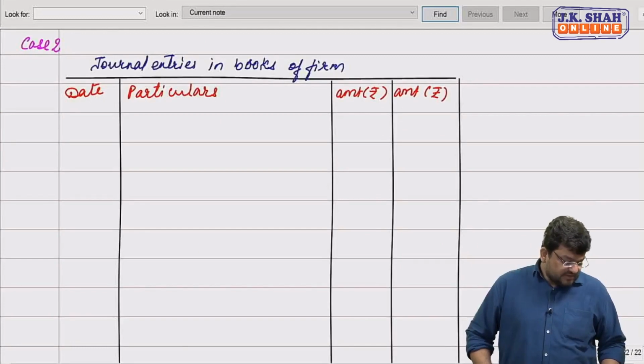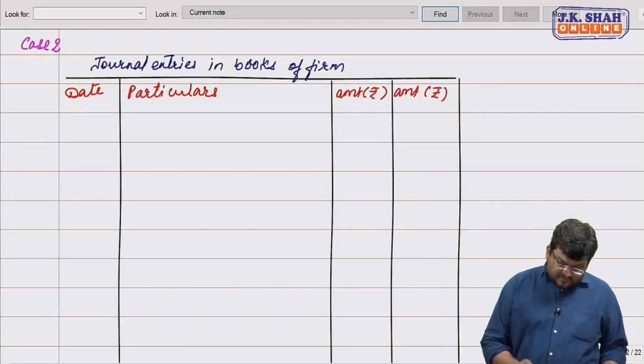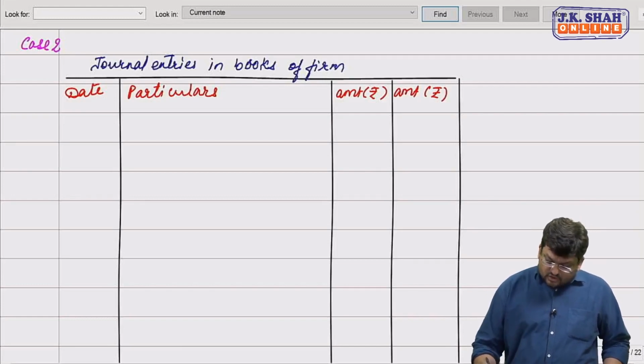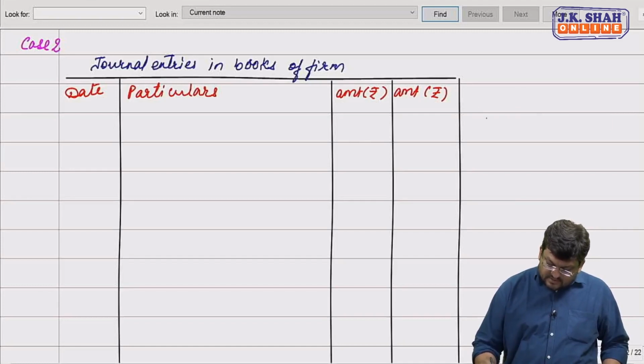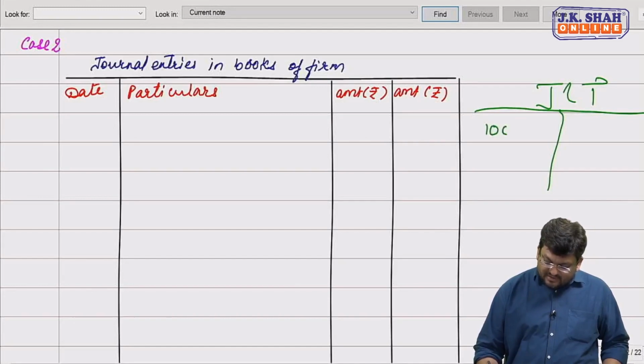Now in case 2 they are saying the joint life policy appears in the balance sheet at a surrender value of 10,000. If you prepare a joint life policy account, the policy is already appearing in our books at 10,000, correct?